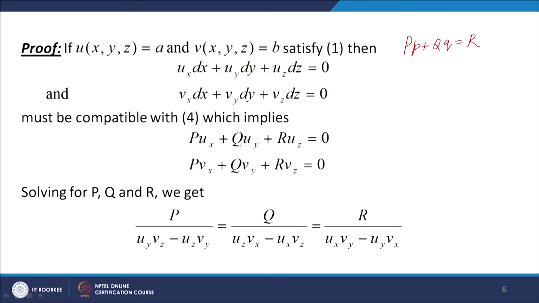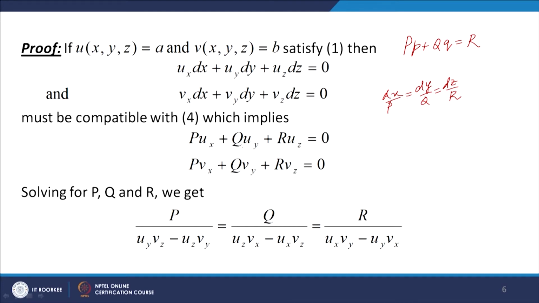So, they must be compatible with 4. 4 is dx by P equal to dy by Q equal to dz by R. So, if these equations are compatible with this equation, then we will have P into u x plus Q into u y plus R into u z equal to 0, and P into v x plus Q into v y plus R into v z equal to 0.